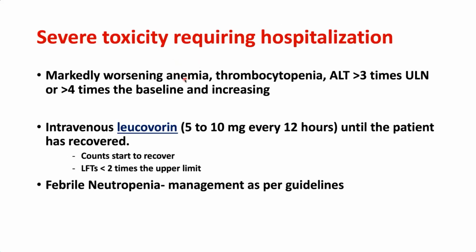But remember, if the patient develops sudden rapid worsening of anemia, thrombocytopenia, ALT more than 3 or 4 times with nausea, the patient is symptomatic, one has to give leucovorin rescue. This is intravenous until the patient has recovered. You give it till such time the counts start to recover. This is given intravenously.